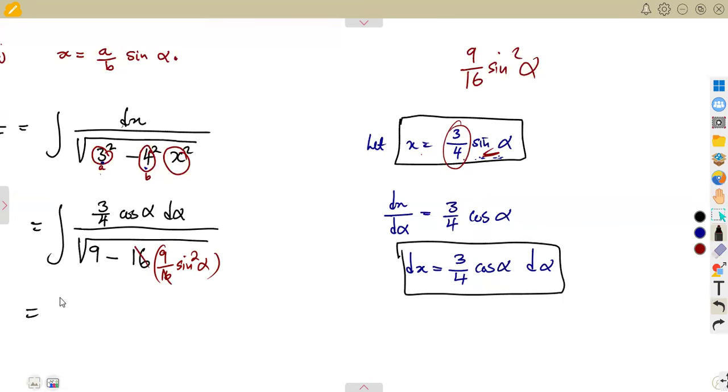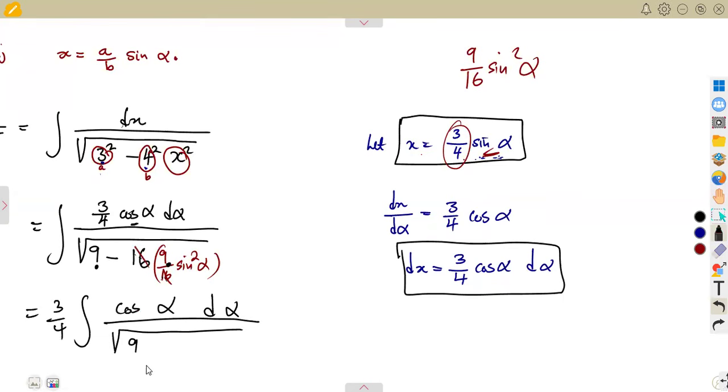Again, we can take out the 3 over 4 out of the integral. There we are going to be left with the cos of alpha d alpha over the square root of, since we canceled the 16 and the 16, we are left with 9 minus 9. So we are going to factor out the 9 because it's common. We are left with 1 minus sine squared alpha. Remember, there's 9 and 9 here, so you're going to factor out that one.